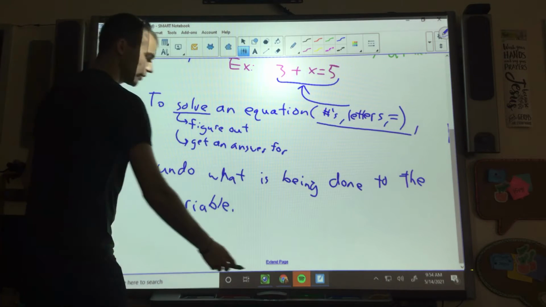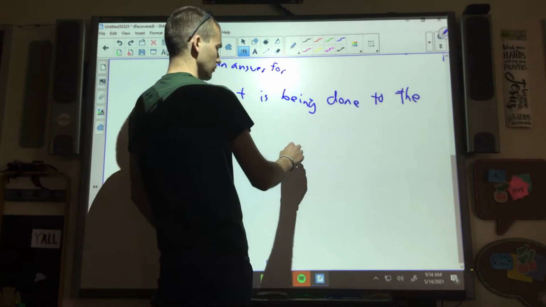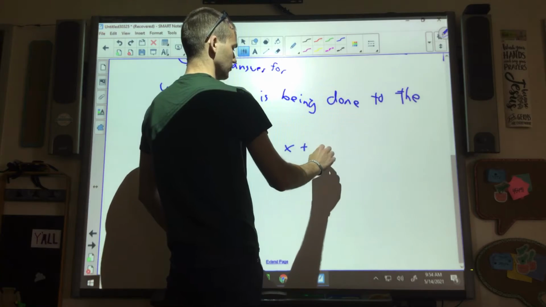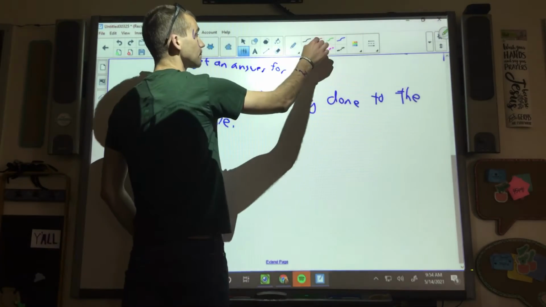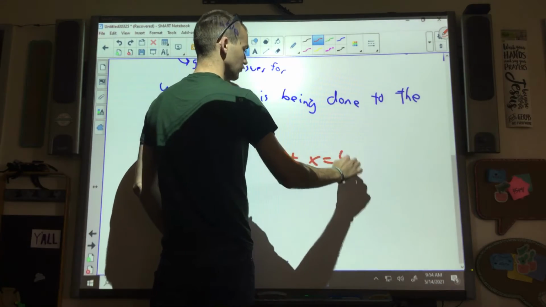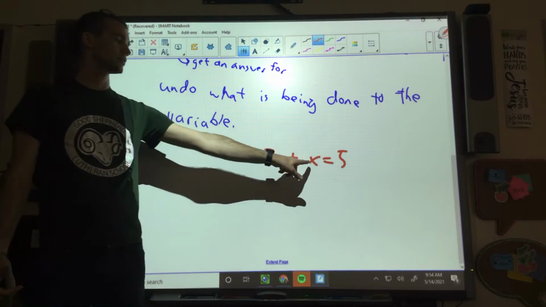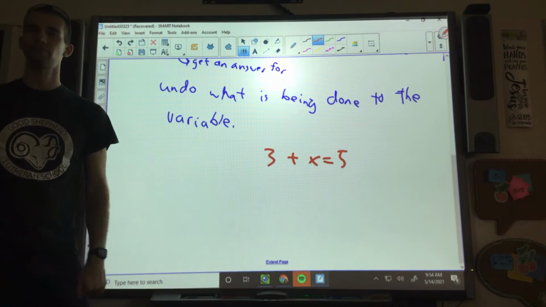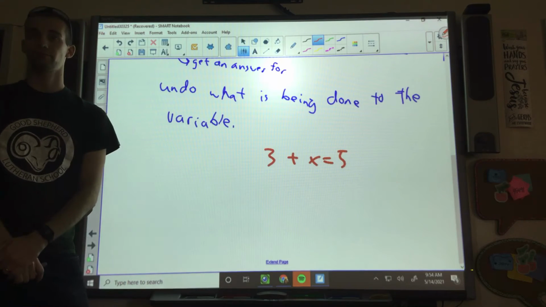Now, we might not know exactly what that means right away, so let's explain it. Let's go back to 3 plus x equals 5. What's the variable here? X. What is being done to x?